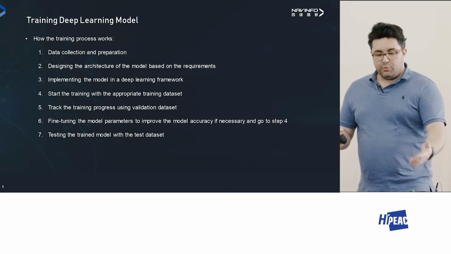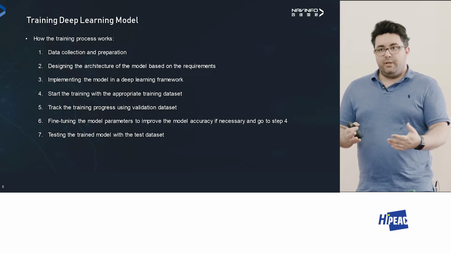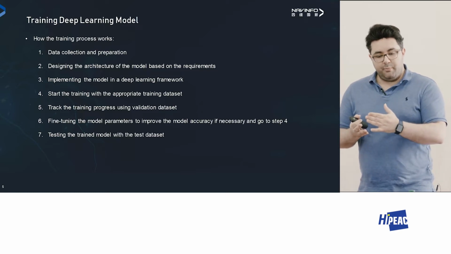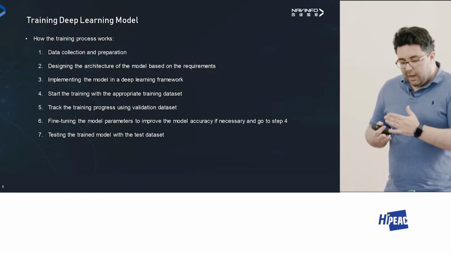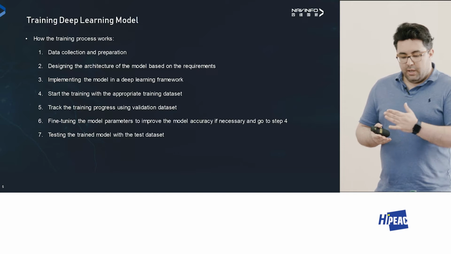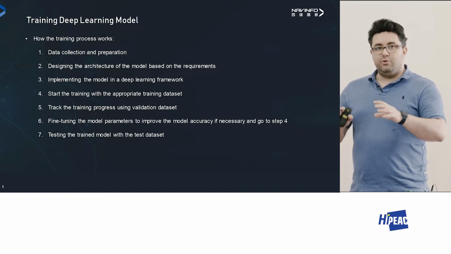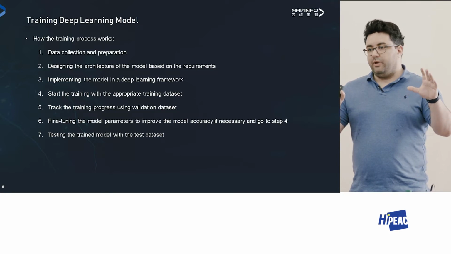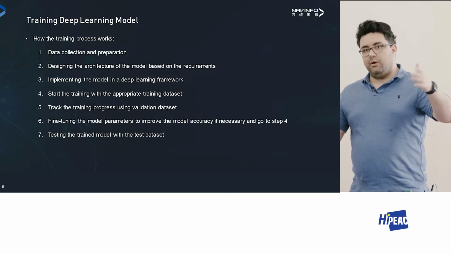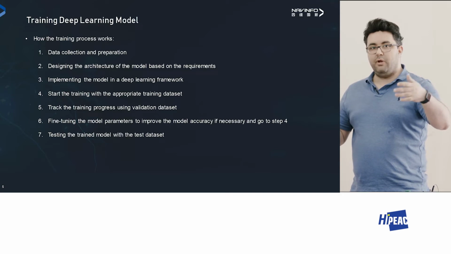Then, of course, once we have the data set, depending on the task and the problem we are going to solve, it is very important how we design the architecture of the model based on our requirements. Usually a model is now composed of tens or even hundreds of layers.